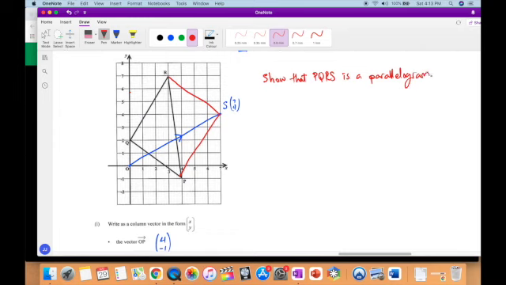You have pretty much half of the answer in the question itself. Shazay, how do I show that PQRS is a parallelogram? In order for it to be a parallelogram, this has to be parallel to this, and this has to be parallel to this. So, is there any way to show if QP is parallel to RS, and this is how we write parallel, right?